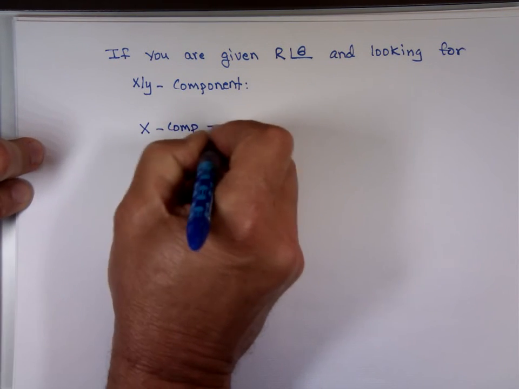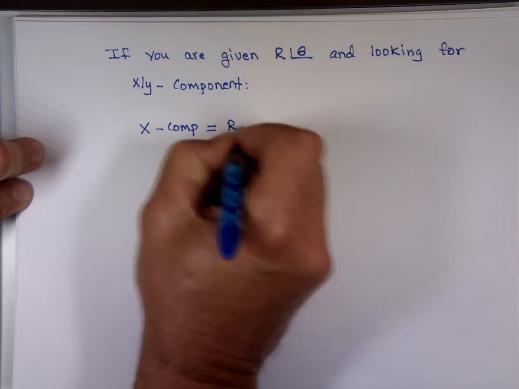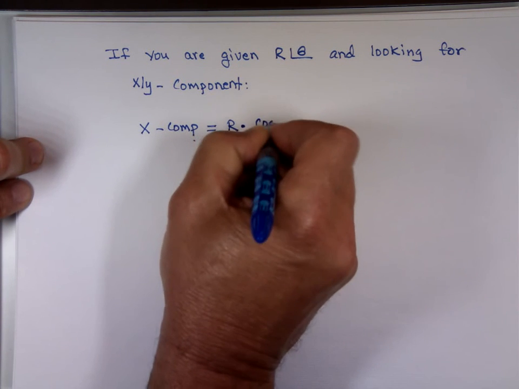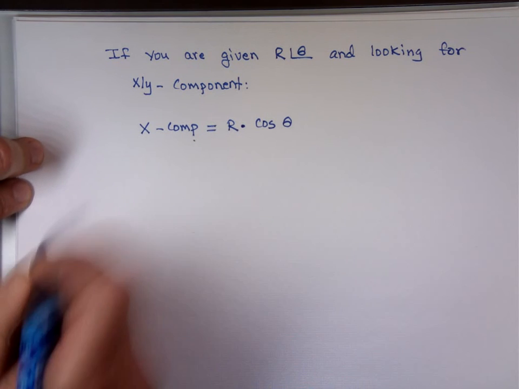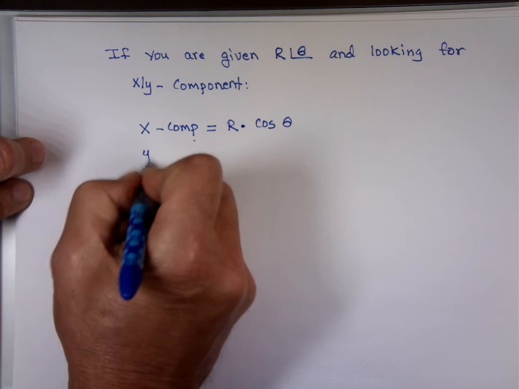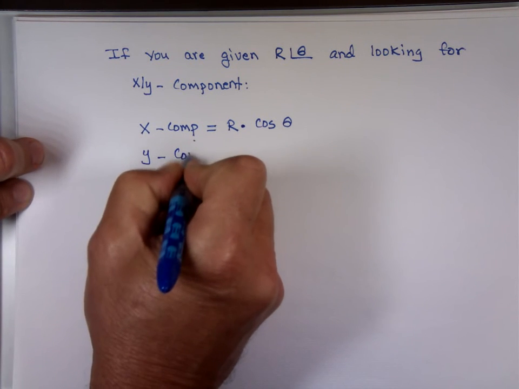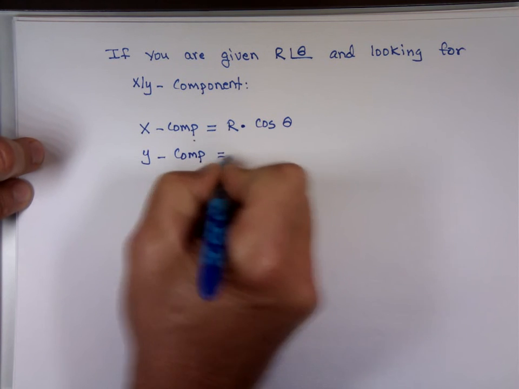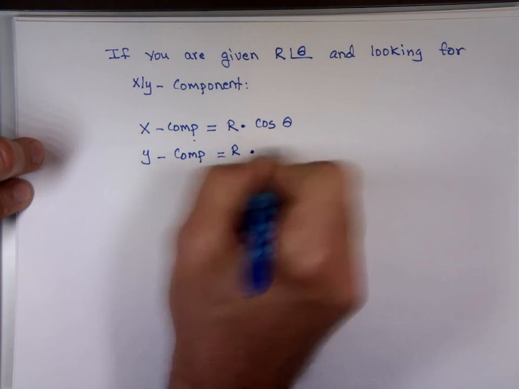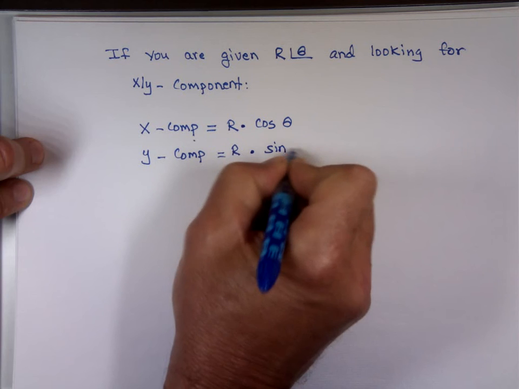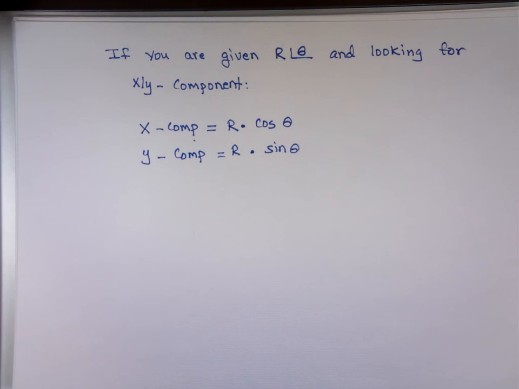R times cosine theta. And the y component is always what? R times sine theta. If we give you the length of the vector and the angle, you're looking for the components, that's how we do it.